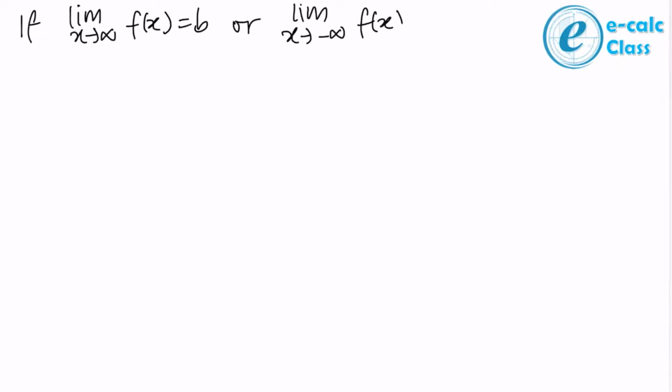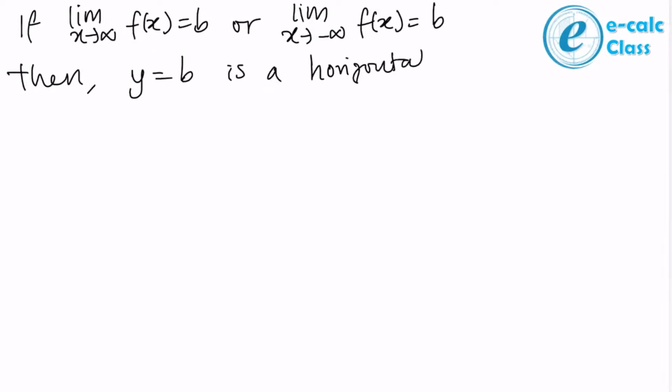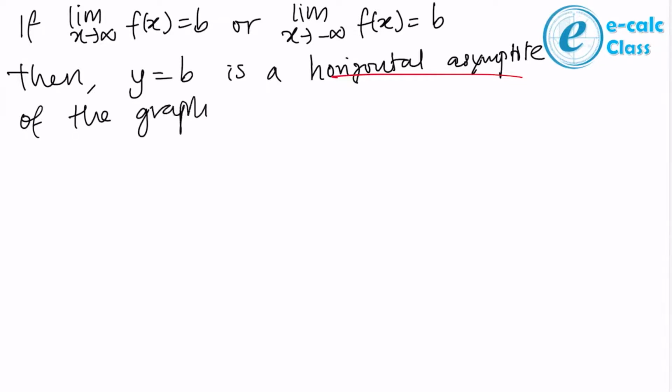If the limit as x approaches infinity of f(x) equals b, or the limit as x approaches negative infinity equals this number b, then y equals b is a horizontal asymptote of the graph of function f(x). So this is a theorem.